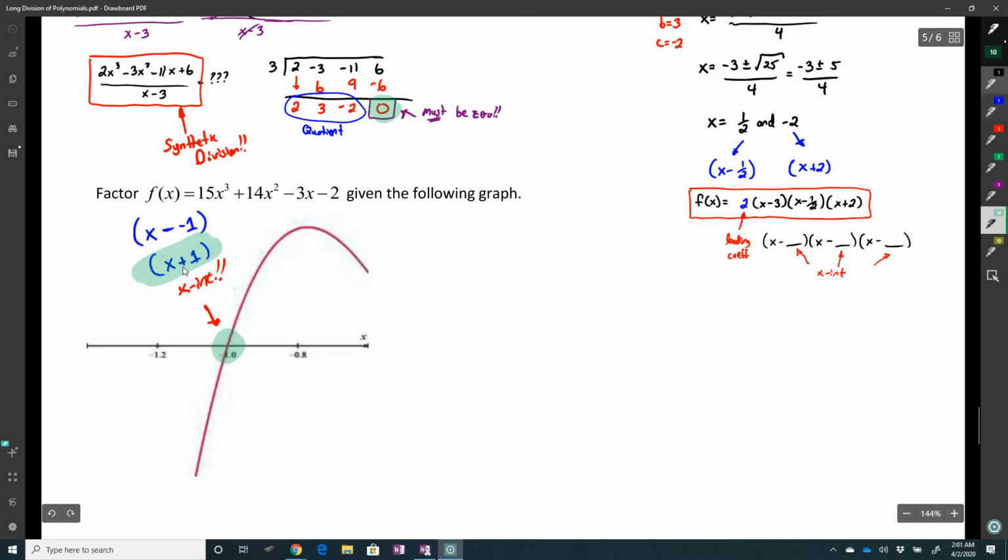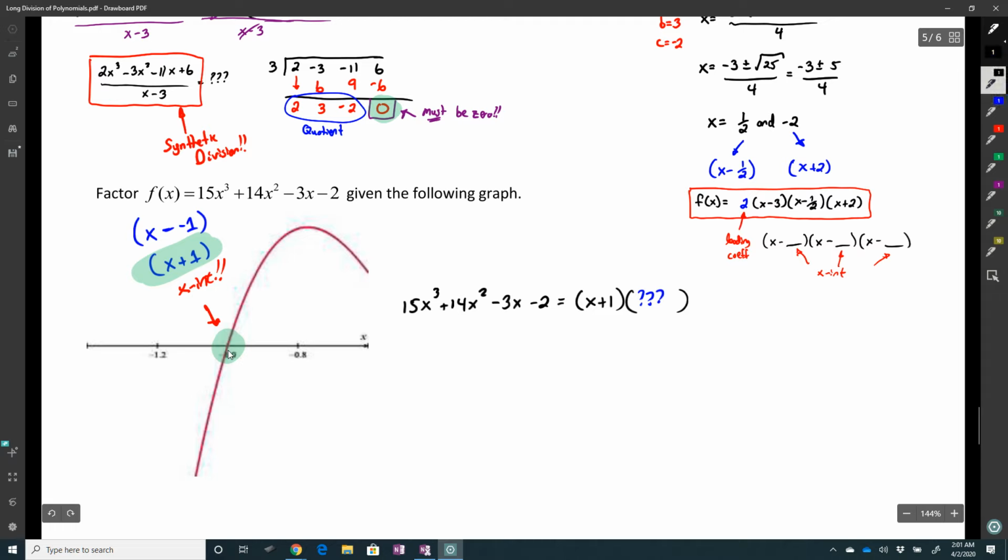Okay. For the same logic, I can divide to figure out what the other factor is. So we have 15x cubed plus 14x squared minus 3x minus 2. And I found out that that's equal to x plus 1 because I gave you the graph and showed you the x-intercept. But then there's the other factor.